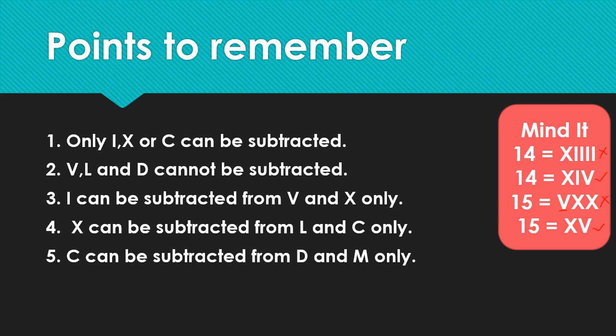So this is not the correct form. Then 15, VX. The symbol V cannot be subtracted. Then you see 15, XV. So which is correct? The second is correct. This is wrong. VX is wrong.